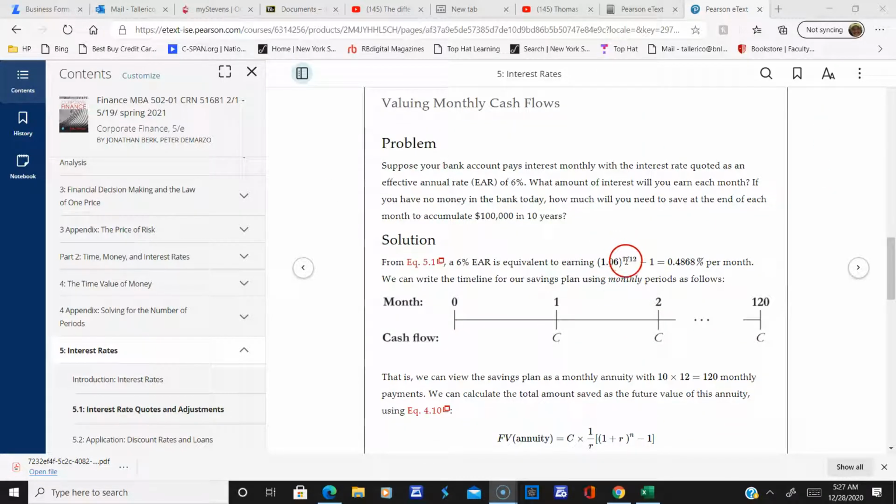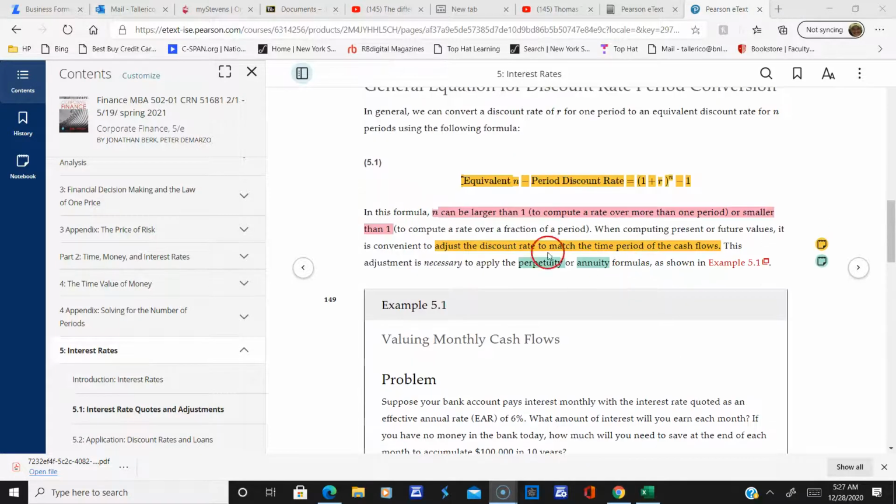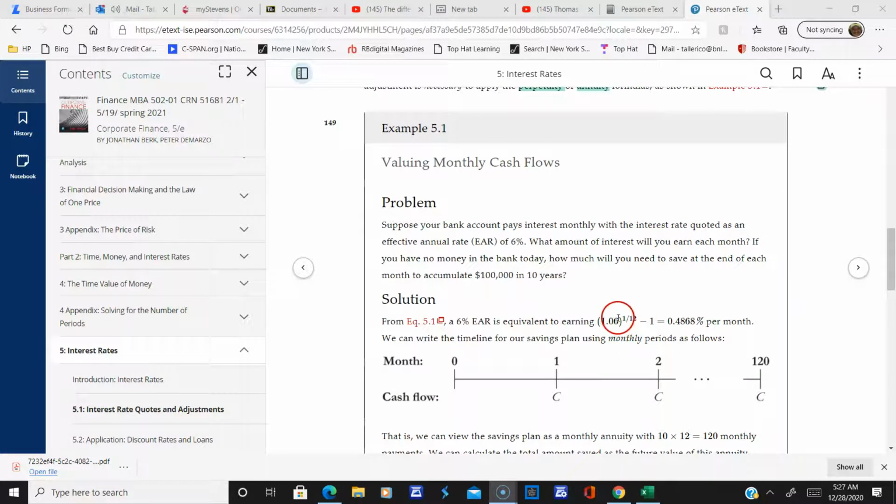We got to get the monthly rate, okay? Because it says here it pays interest monthly. So you notice how they put a fraction, 1/12th, okay? And they subtract 1, all right? So this gives us an interest rate of 0.4868% per month.